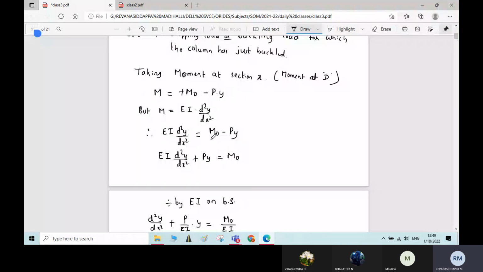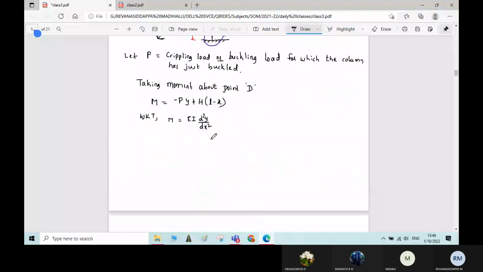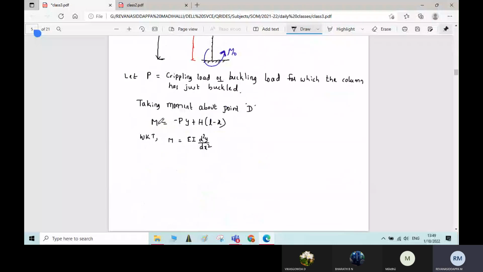So from both equation 1 and equation 2, you can write EI into d square y by dx square is equal to minus py plus h into L minus x.